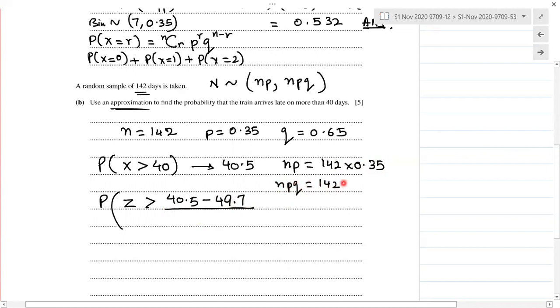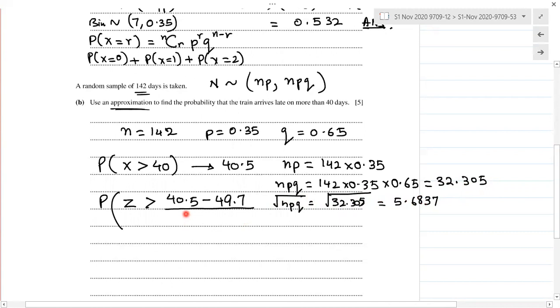So we get 142 times 0.35 times 0.65, which is 32.305. Taking the square root of 32.305 should give us the standard deviation, which is 5.6837.